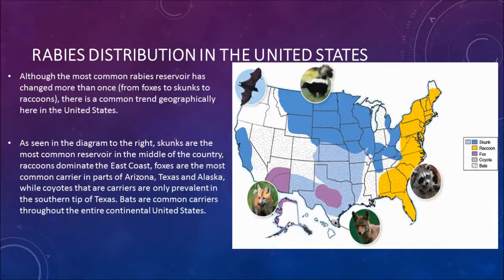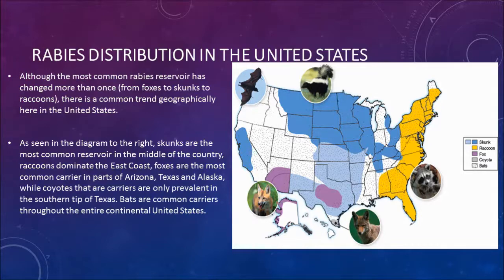If you go to the East Coast, for example, raccoons are the dominant carrier of rabies, at least in the United States. If you go to the very southern tip of Texas, coyotes almost exclusively hold the territory for the rabies virus.